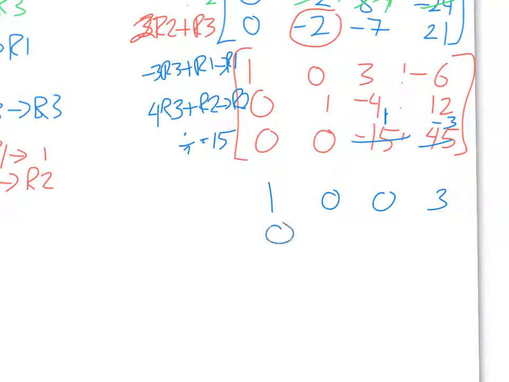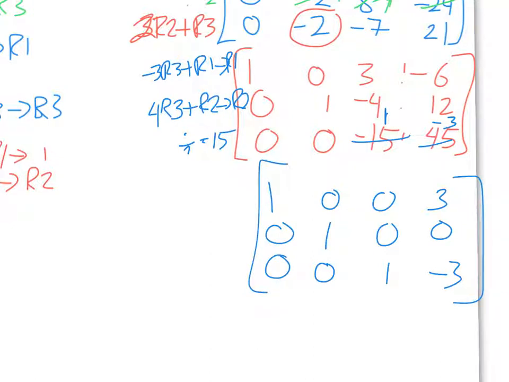We end up with 0, 1, 0, and 4 times negative 3 is going to be negative 12, plus 12 is 0. And then finally 0, 0, 1, negative 3. This one did give us that reduced row echelon form, RREF, and we get x equals 3, y equals 0, and z equals negative 3.